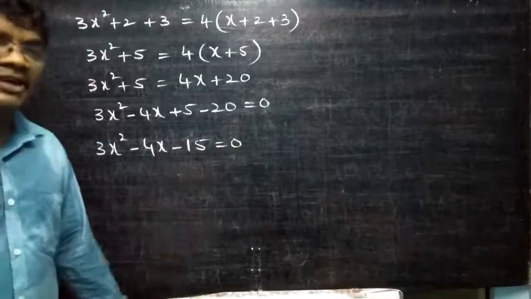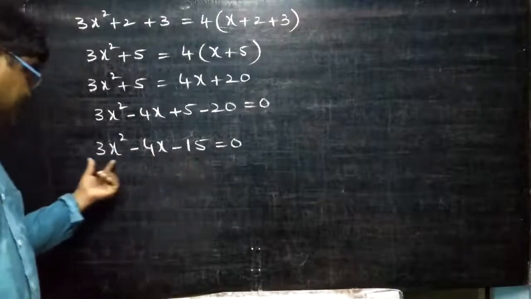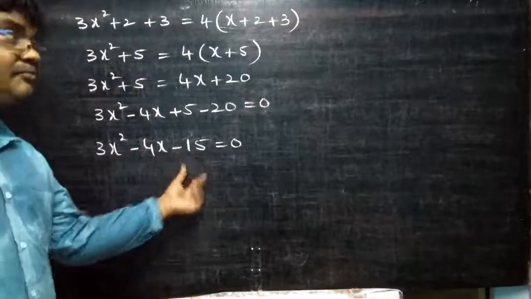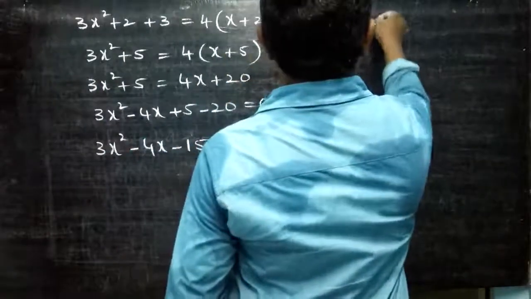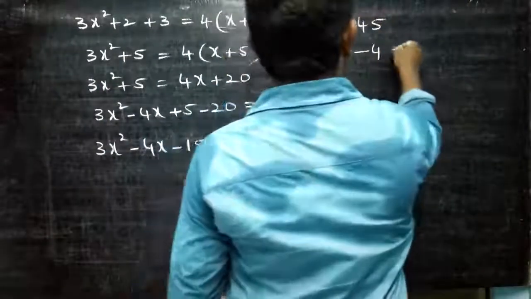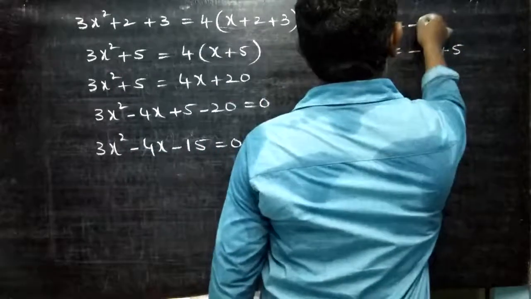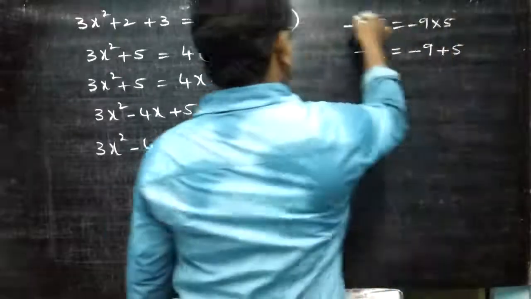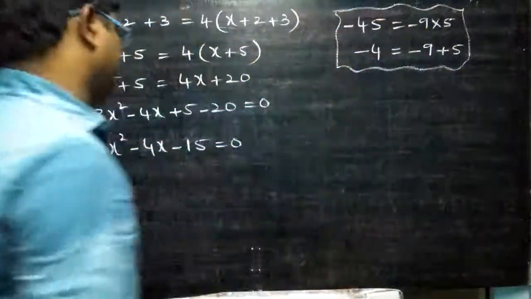For which number do we have to find factors? Is it minus 15? No. 3 is there. 3 into minus 15 is minus 45. When we simplify, minus 4 should come. In such a way, the factors are minus 9 and 5, minus 9 plus 5. We know the factors of 45.